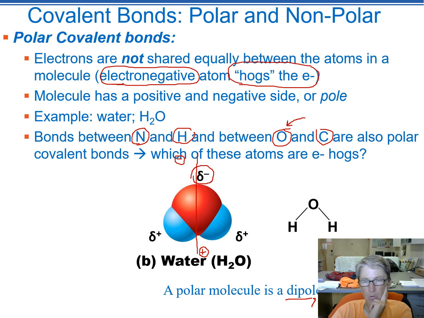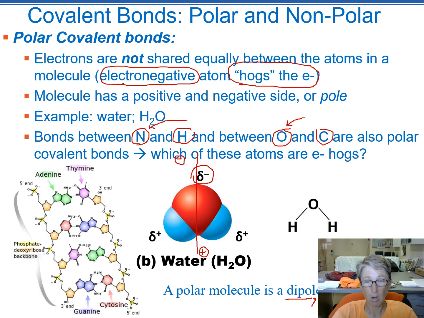But what about these two, between nitrogen and hydrogen? Which one do you think is an electron hog? Which atom is closer to oxygen on the periodic table of elements? If you said nitrogen, you're right. So those elements on the right-hand side of the periodic table, elements like nitrogen and oxygen, those guys in that area are all electron hogs.